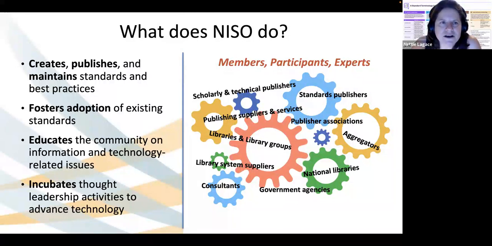As I mentioned, we are a member-based organization made up of different types of organizations, libraries, publishers, and all of their affiliated organizations. And I like to think that standards grease the wheels, so they allow the different types of organizations with different perspectives to connect to each other and exchange information.